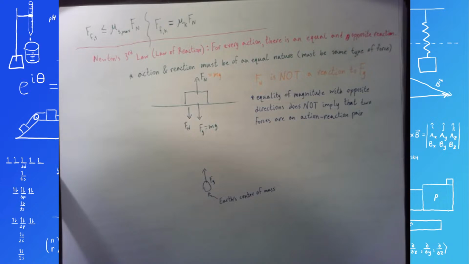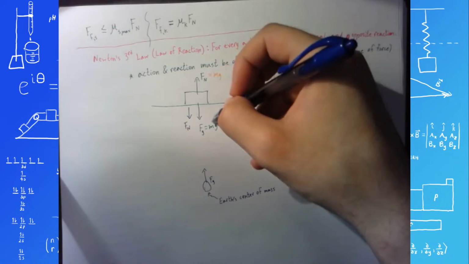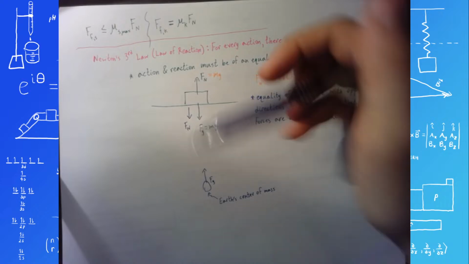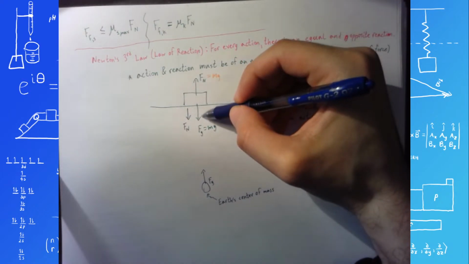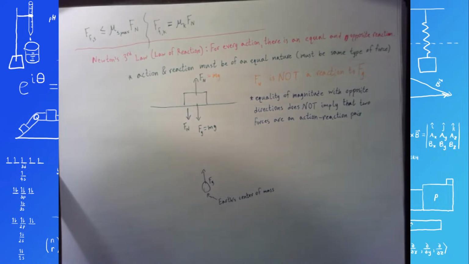So that's another thing that must be noted. A third thing that helps dispel this misconception of normal force being a reaction to the gravitational force. Another reason why this is impossible is because this normal force and this gravitational force act on the same object. And for action and reaction, that cannot be true.